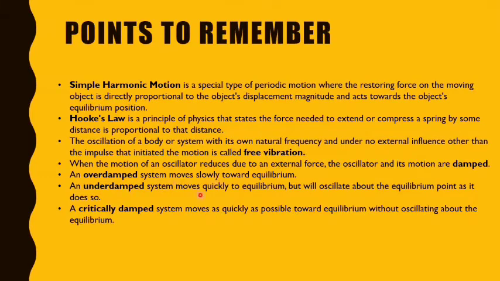An underdamped system moves quickly to the equilibrium position, the opposite of overdamped, but will oscillate about the equilibrium point as it does. The last is a critically damped system, which moves as quickly as possible towards equilibrium without oscillating about the equilibrium position.